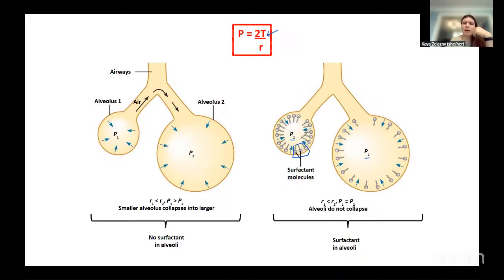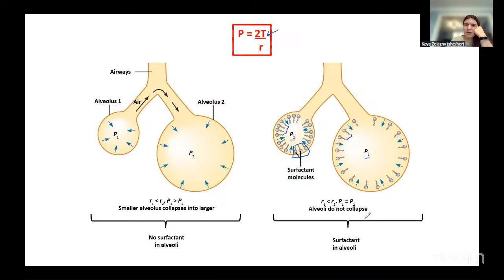So these little circles with these little fatty acid tails here, those are surfactant molecules. They look kind of like our phospholipids in this image, except we've got just one tail here instead of two. And we can see them breaking up, interspersing between our water molecules. And you can see that we've got more of them here in these smaller alveoli relatively versus the larger one, right?